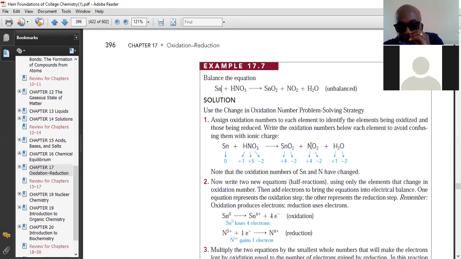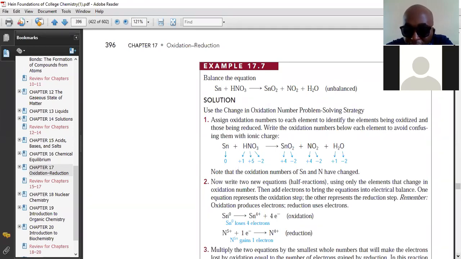The one that has increased, which is the tin, from 0 to plus 4, that is oxidation. The one that has decreased, from plus 5 to plus 4, that is the reduction. So you only write 2 equations, including only those things that have been oxidized and reduced. It doesn't matter which one you start with.